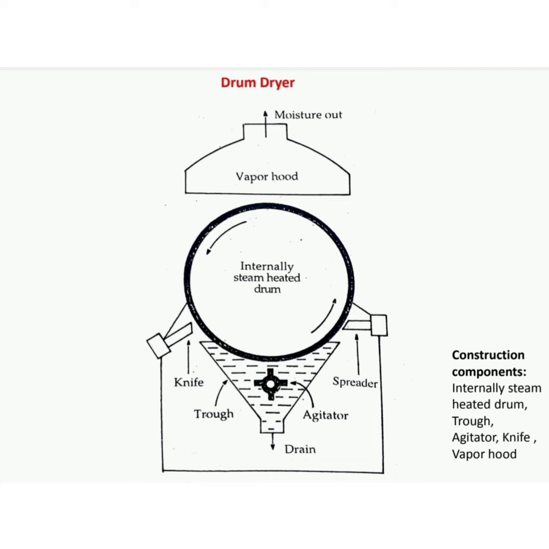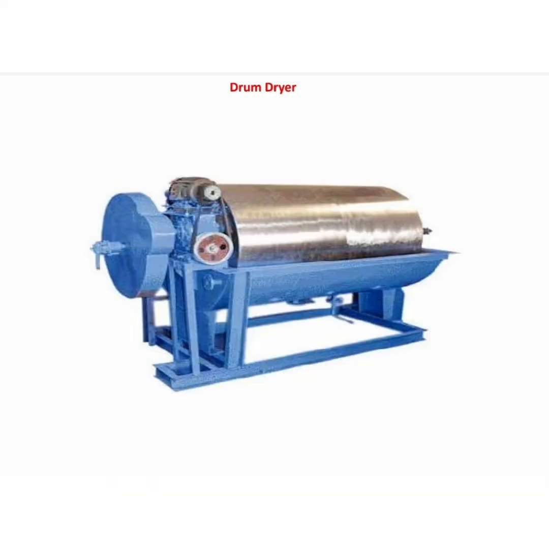As it reaches the other end, it is scraped by a knife. The moisture evaporated from feed material goes to the hood at the top and escapes. Drum dryers are commonly employed for materials to be obtained in a continuous sheet form such as paper and cloth. A typical drum dryer is as shown in the picture.